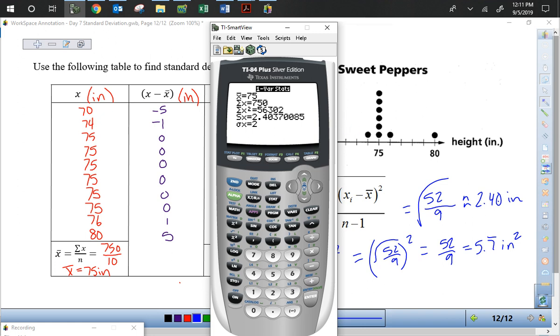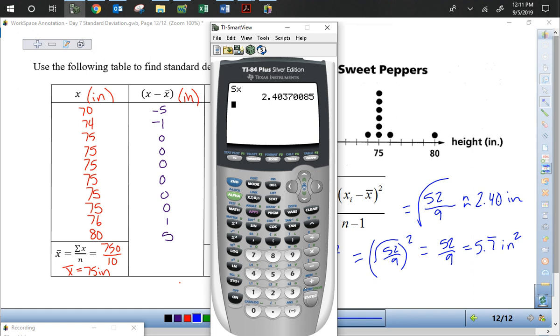But what's nice is our calculator stores values in this vars button. So what I want you to do here is hit vars and then statistics, because standard deviation is a statistic. And then you'll see it on number 3. Right now it's not showing the actual value. If you hit enter, it will.